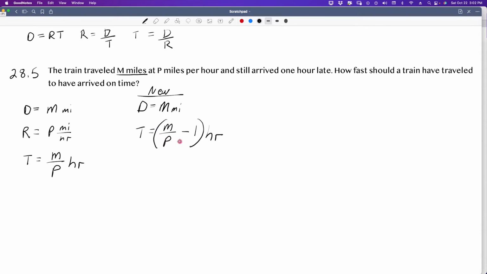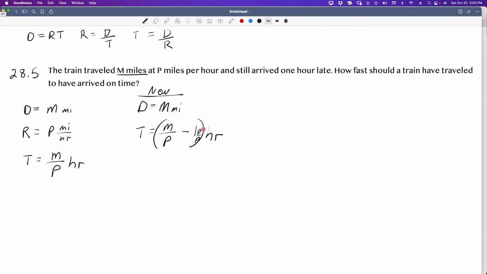Now, this is kind of complex, and we usually don't like to have this as a time. We want to have it more succinct. Just like we did here, we're going to simplify this. The way we would simplify that is by multiplying by 1, to get the common denominator, by p over p, right?